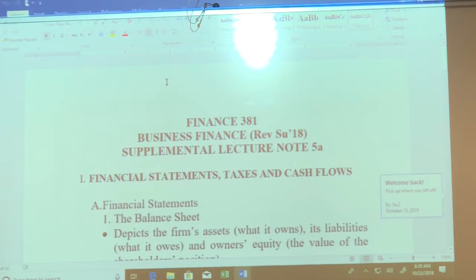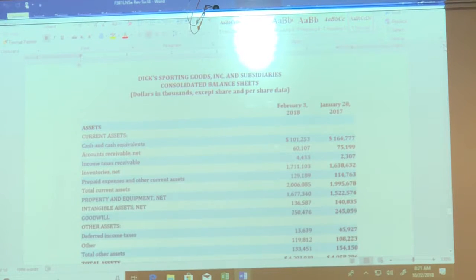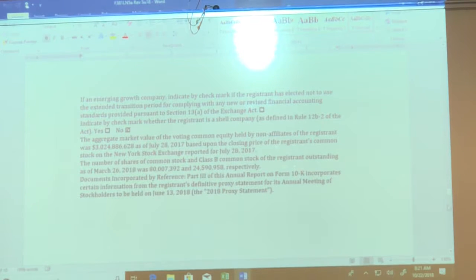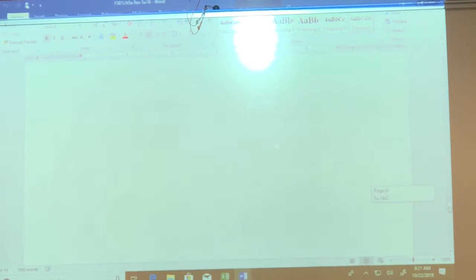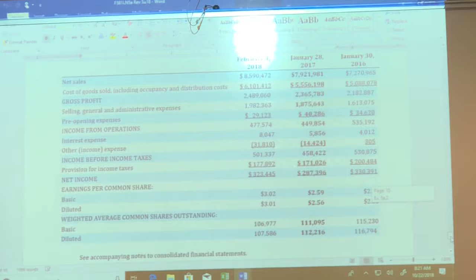You are going to need this for your company as well, so I just want to make a note for Dick's where this came from. And it should be at the bottom of the income statement.